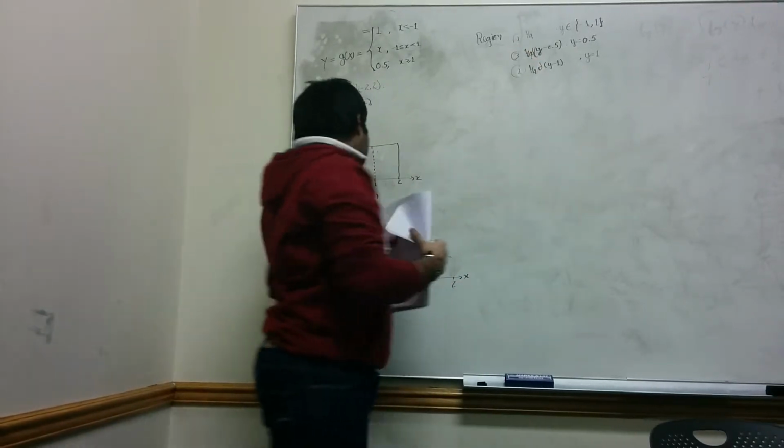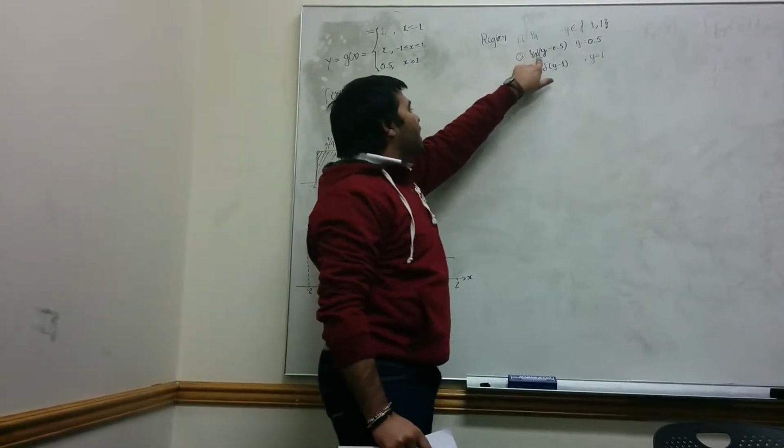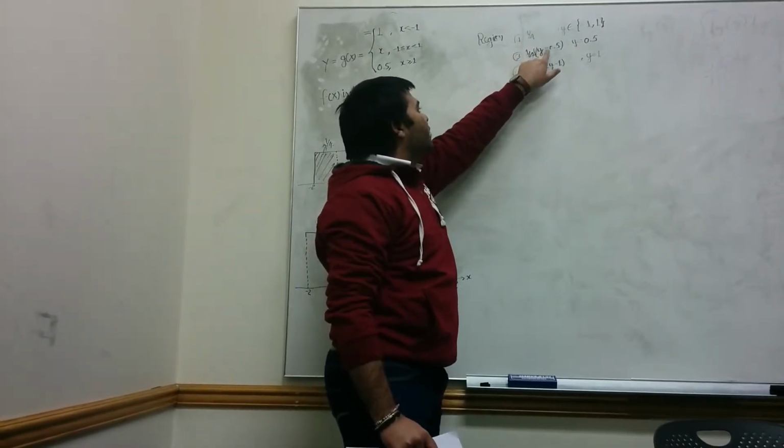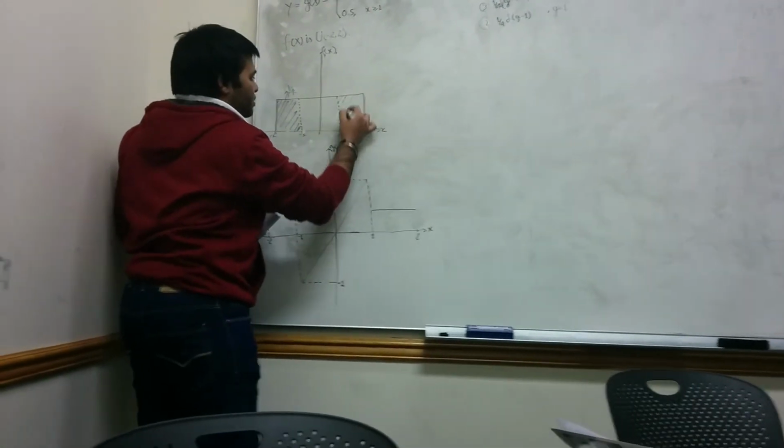Similarly, for the third region, we get the density function as 1 by 4 del, bracket y minus 0.5, and that would be this region, 1 by 4.